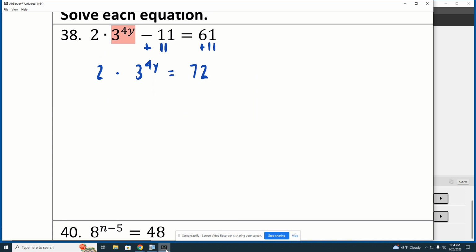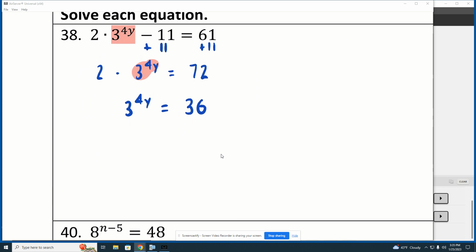So 2 times that 3 to the 4y will equal 72. Now, once again, I am not ready to solve this until I got this alone. So I divide by 2. So 3 to the 4y equals 36. Now we've isolated it. So hopefully you now remember that to solve this thing, we're going to rewrite it as a logarithm.